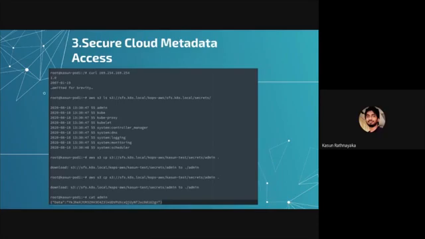Then you can go to the S3 buckets which have the secrets, and you can easily get the secrets from that pod. That is the main disadvantage when you are using Kubernetes with AWS or any other cloud provider running Kubernetes. That will be the main issue.